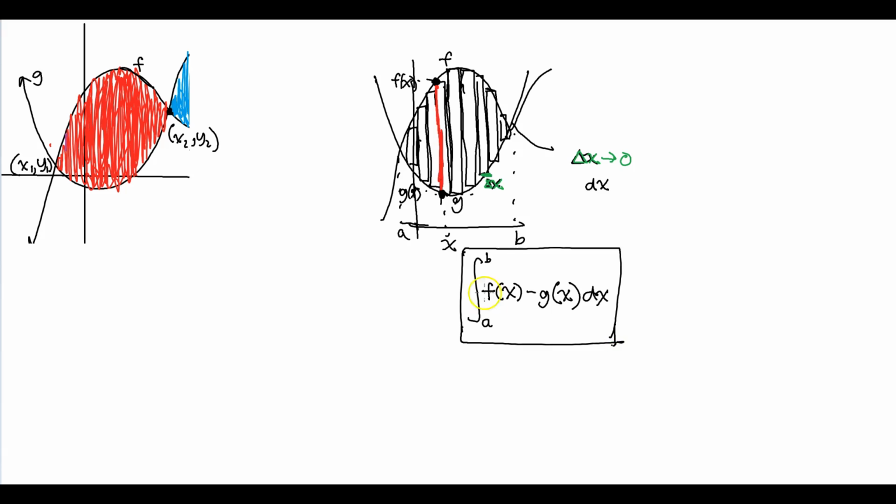The integral from a to b of this distance, f of x minus g of x, times this infinitely small length dx. Okay? So you have this infinitely small length dx times the distance between the two curves.